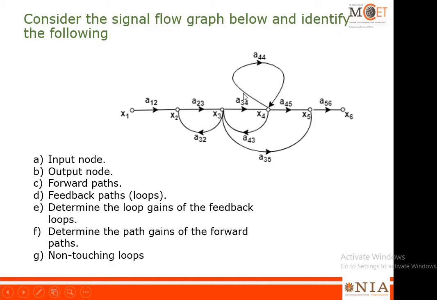So this becomes a pair of non-touching loops. I think we have answered all these questions: input node, output node, two forward paths, gains of the forward paths, loops, gains of the loops, and non-touching loops. This is the only pair which is non-touching.